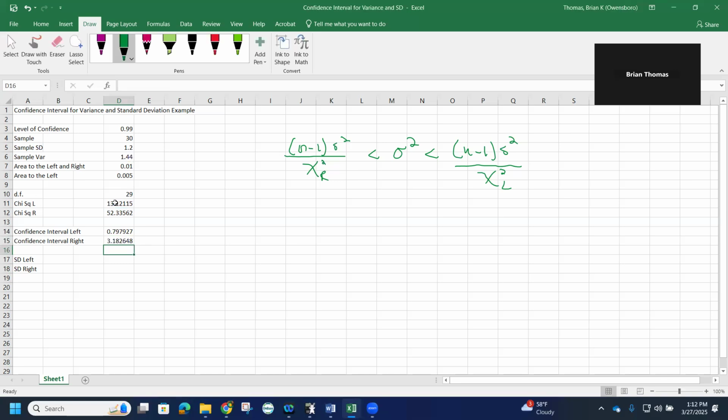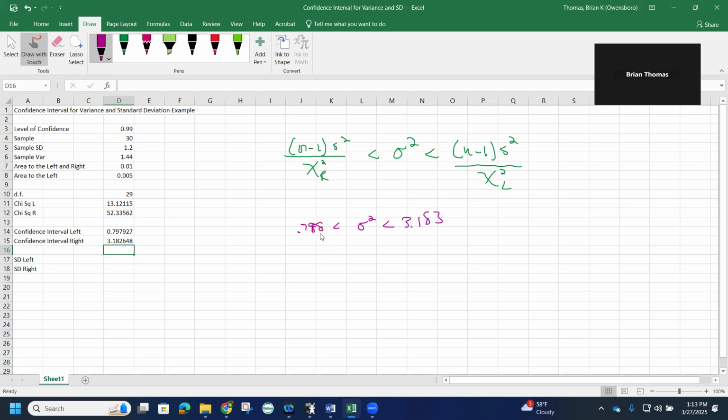So from there, I could then say, if I round to 3 decimal places, my confidence interval would be 0.79, so that 7 there is going to move to an 8. So 0.798 is less than sigma squared is less than 3.182, or 3.183 if I go to 3 decimal places.